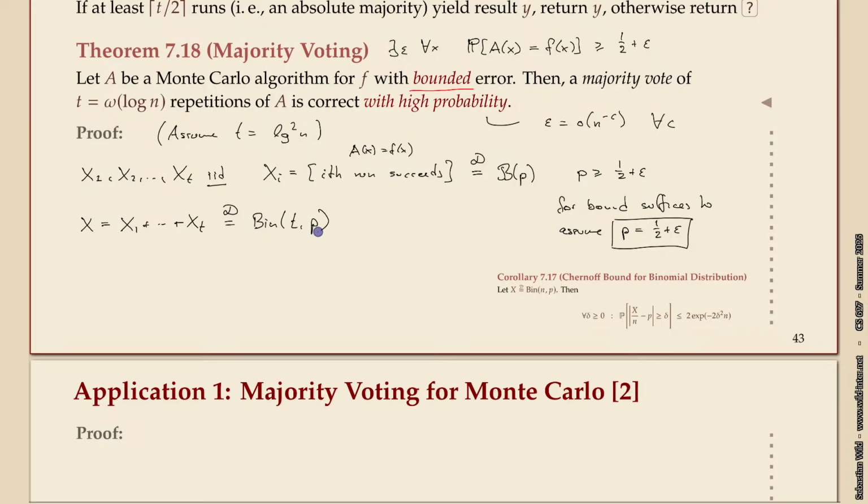So what's the sense of doing that? Well, we can now express that our overall algorithm succeeds, or rather that it fails, say. The majority vote fails if and only if we have not enough summands summing to 1. So if and only if x is too small.